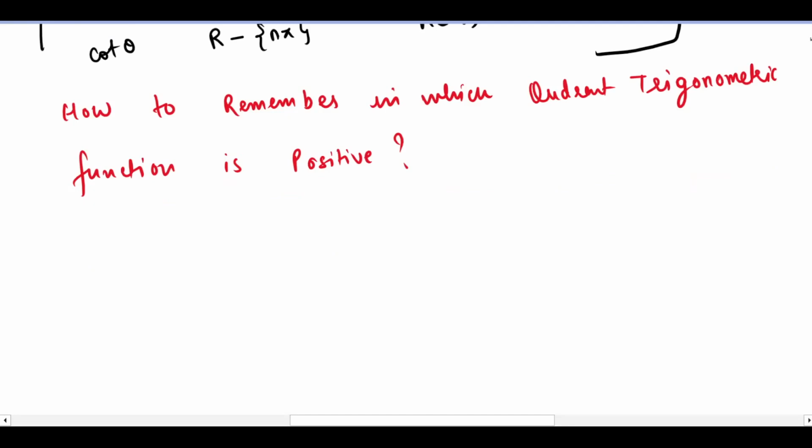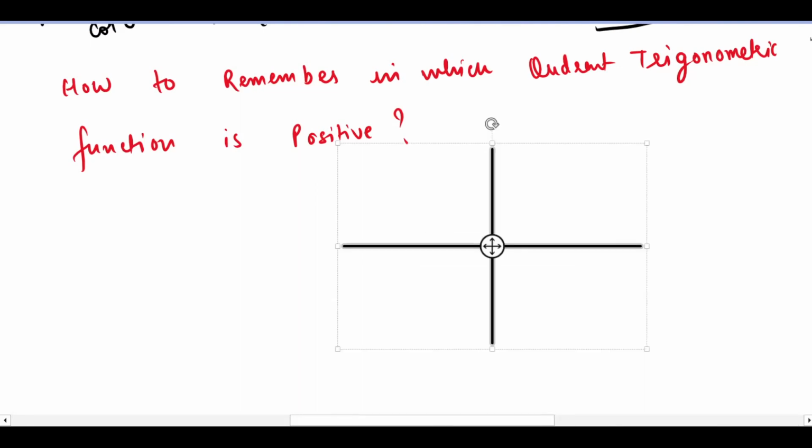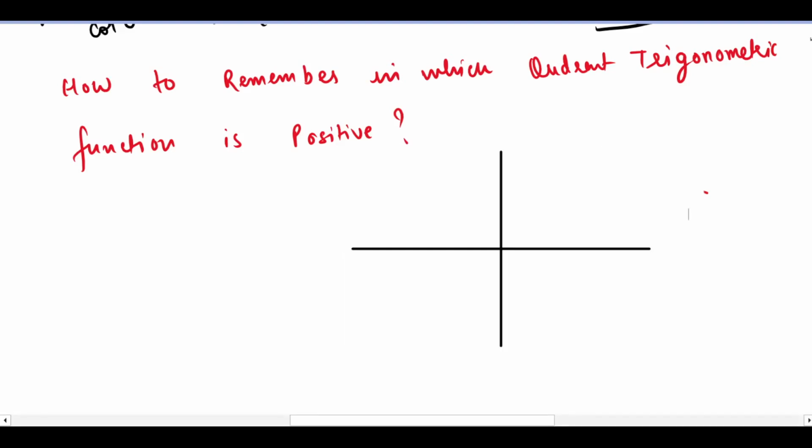So this is a Cartesian coordinate system. This is the first quadrant, this is the second quadrant, this is the third quadrant, and this is the fourth quadrant.